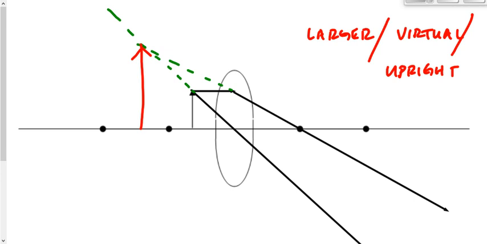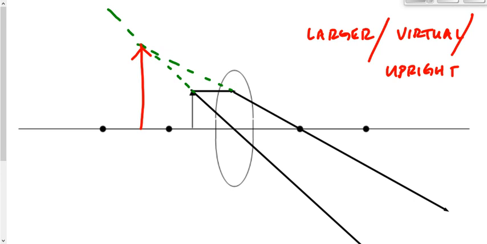It has a desired effect here. The image is larger. It's upright. That's great that it's upright, but it's virtual. And when it's virtual, you can't project it on a screen, which doesn't make it very practical for a movie theater when everybody has to be crowding around the lens, looking into the lens in order to see it. Right?